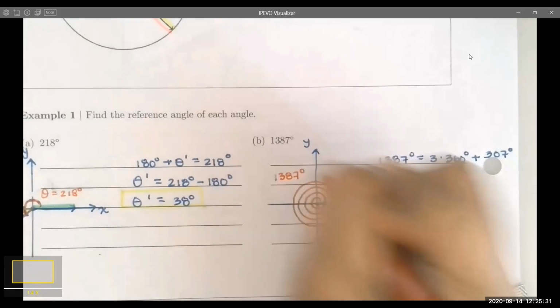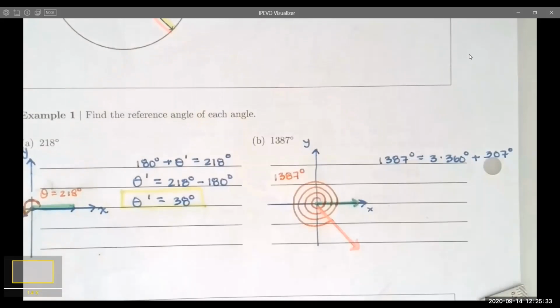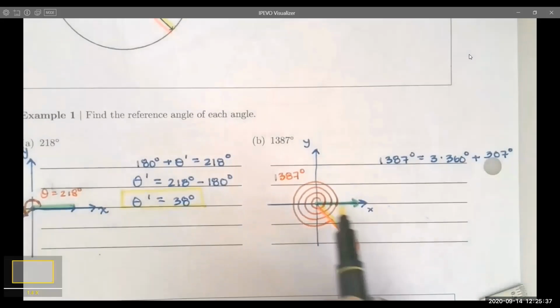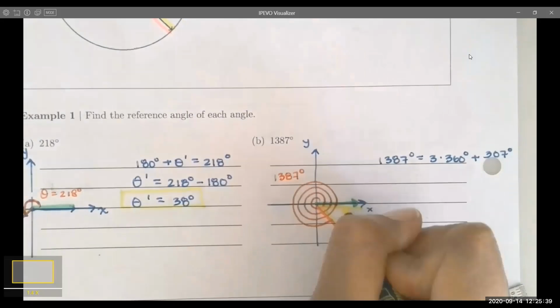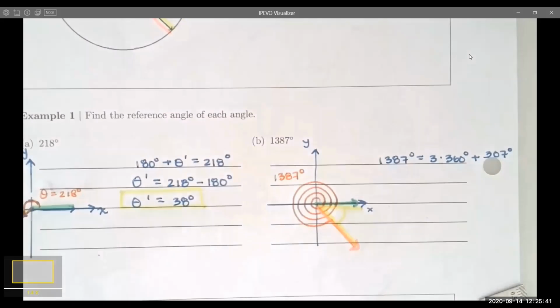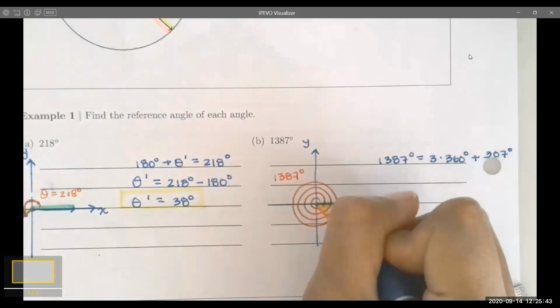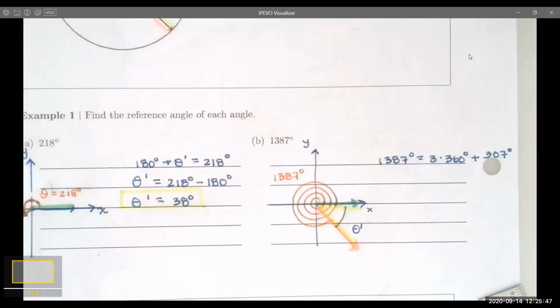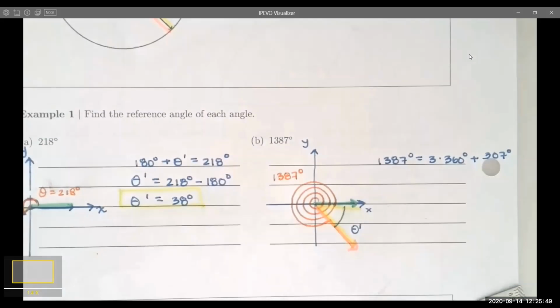Okay, so then where is the reference angle? Well, it has to be between the terminal side and the x-axis, and it has to be acute. So that there is our reference angle, theta prime. Now, how do we find out what theta prime is going to be?